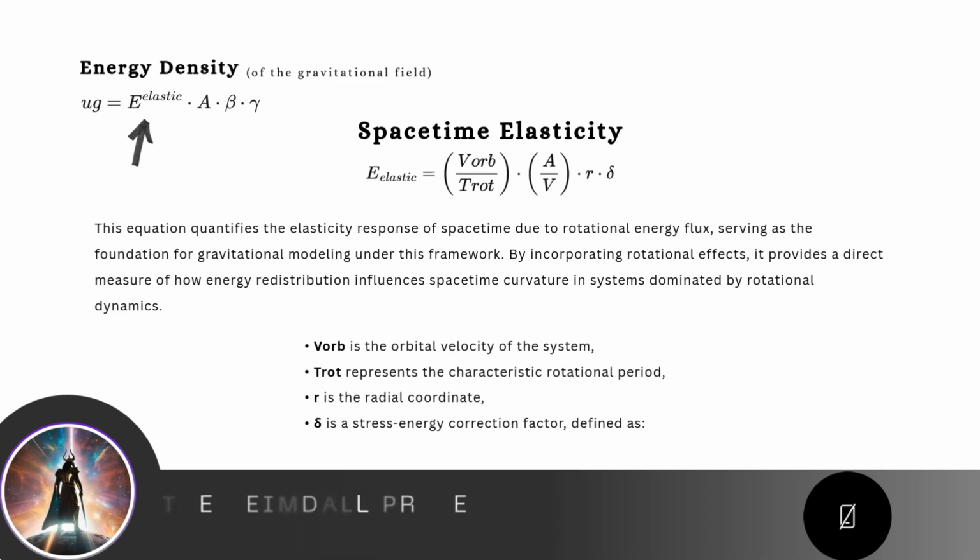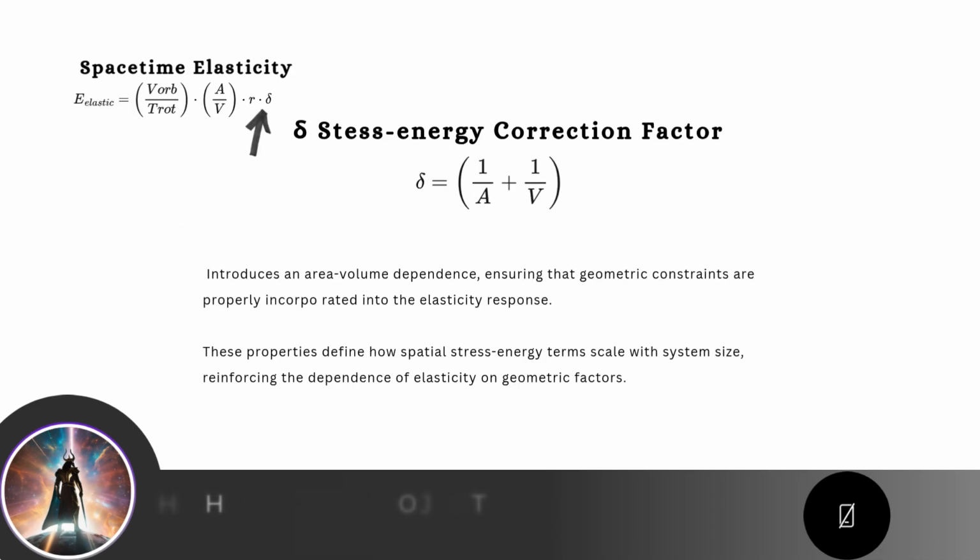So let's move on. We already know our orbital and rotational velocities. We can already find area and volume, radius. But now we need to use area and volume to calculate this stress energy correction factor.